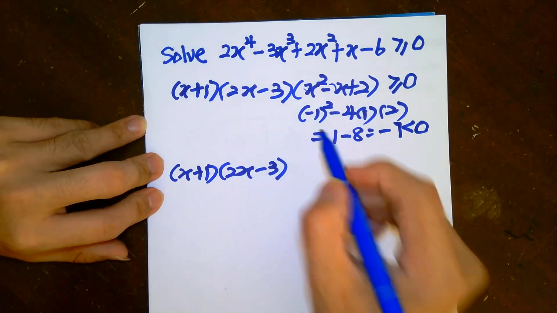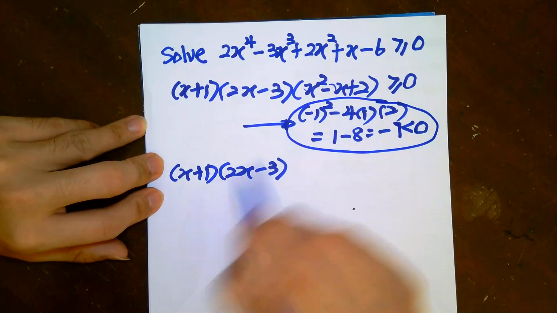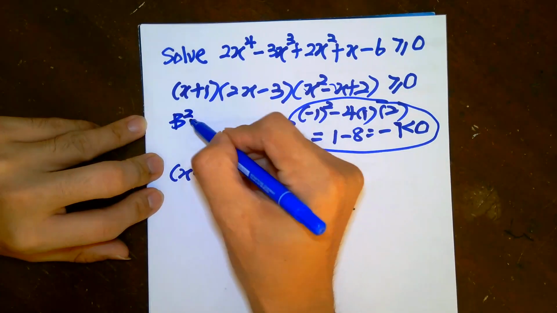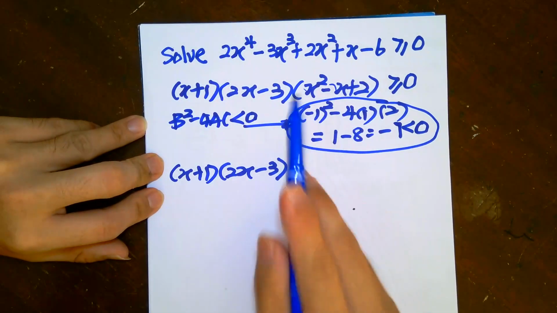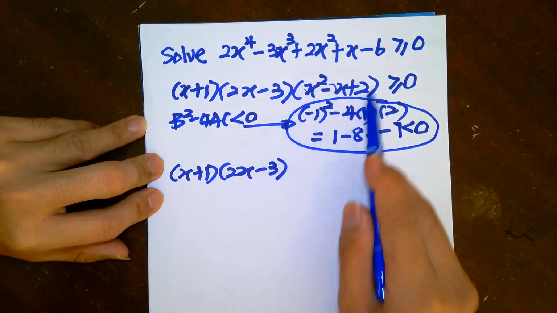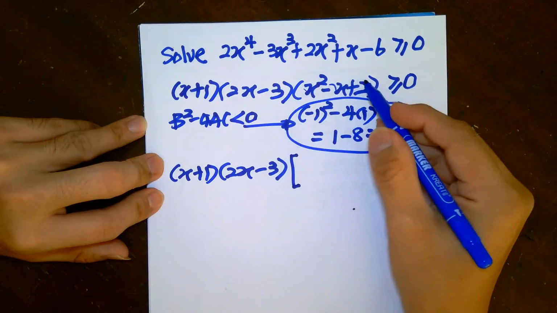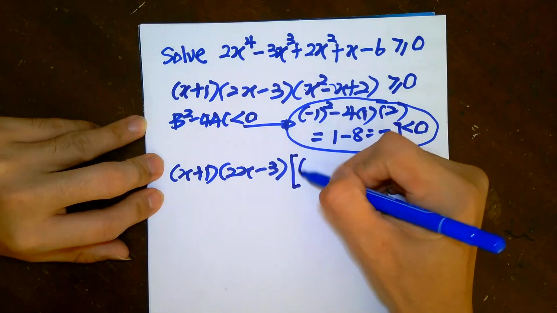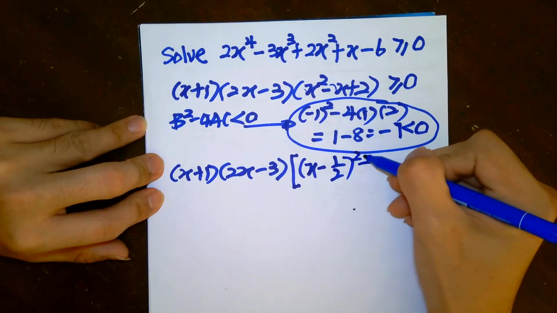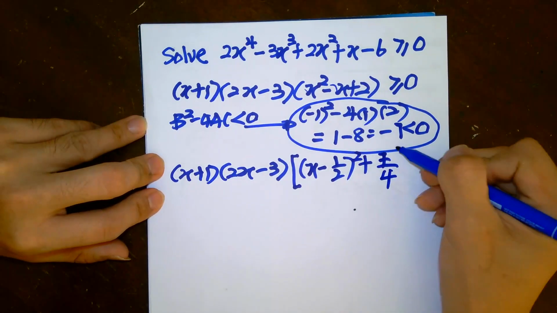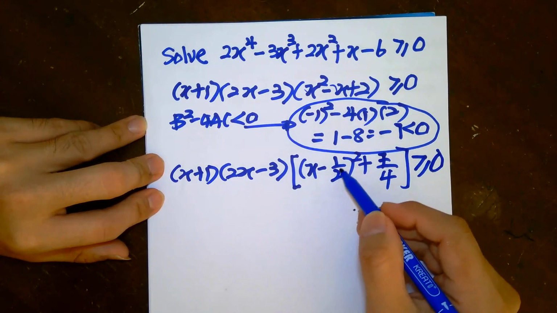If the quadratic has imaginary roots, where the discriminant b squared minus 4ac is less than 0, then I do completing the square. After completing the square, you get x minus 1 over 2 squared plus 7 over 4. You have to complete the square to write it in vertex form.